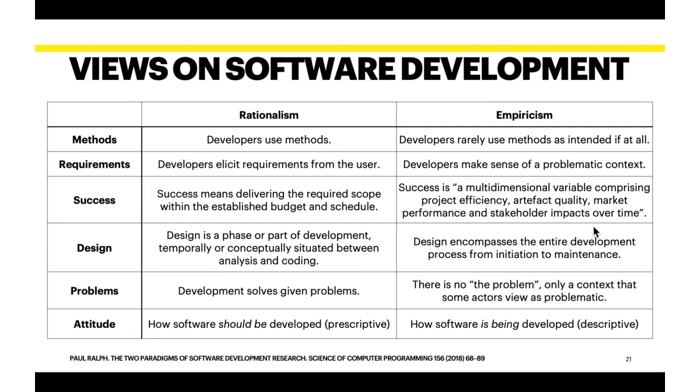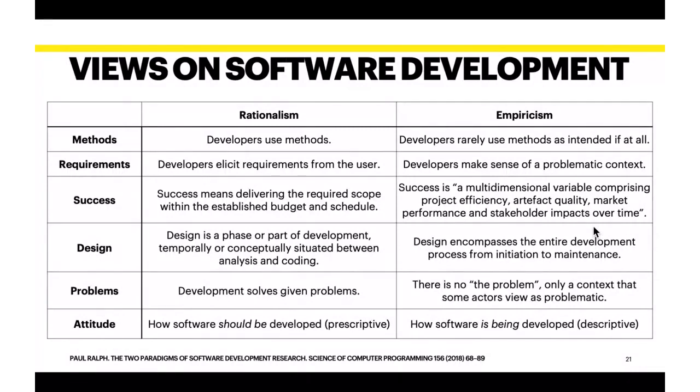And to summarize all this, rationalists will typically be prescriptive. So they will put a focus on how software should be developed. If you open a typical software development book, this is what you're going to see.